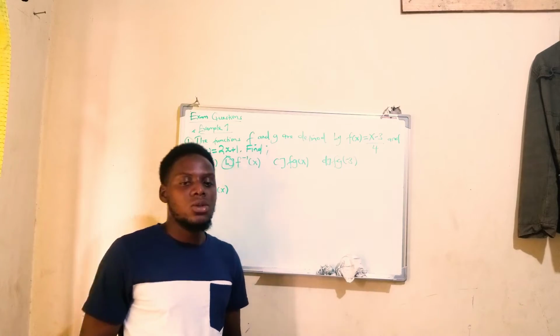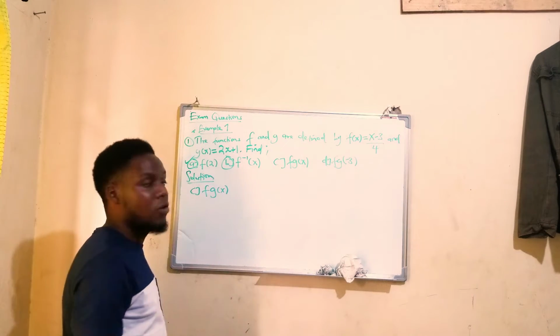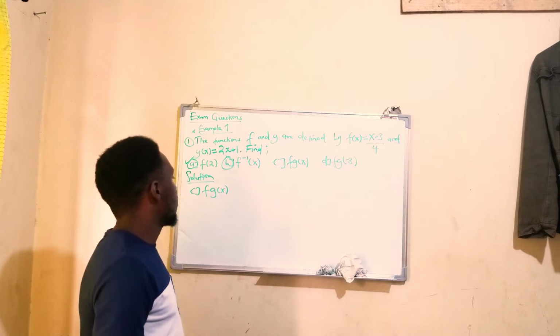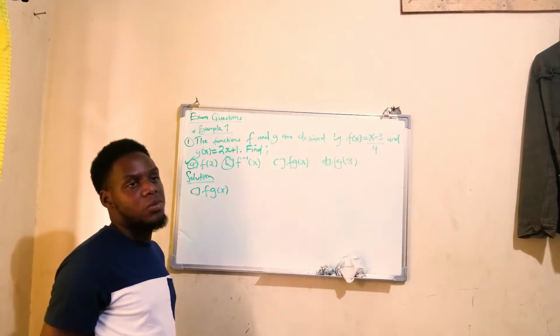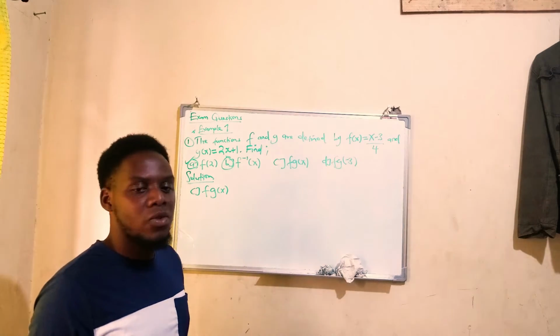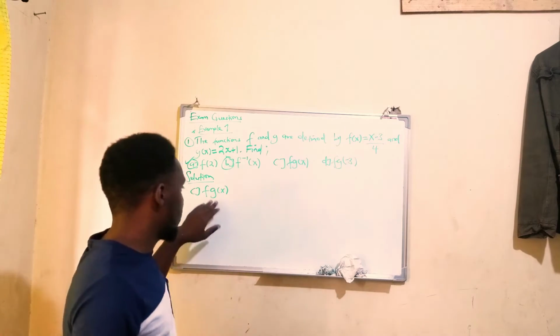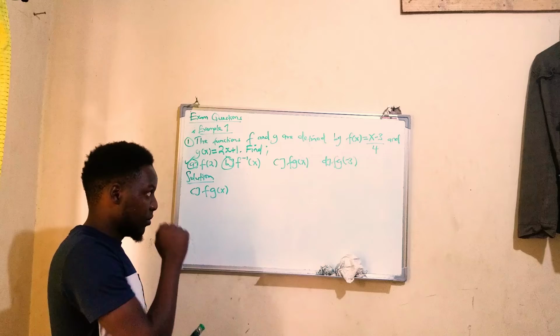So right now we're going to look at question C, which is saying f of g of x. Remember, when we were talking about the concepts, the second concept of this video was composite functions. So when you see functions written like this, it means a composite function.